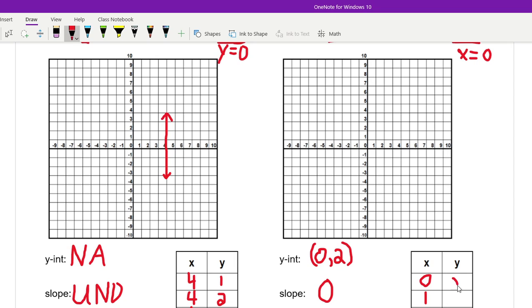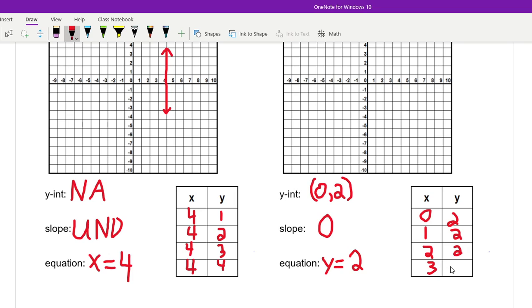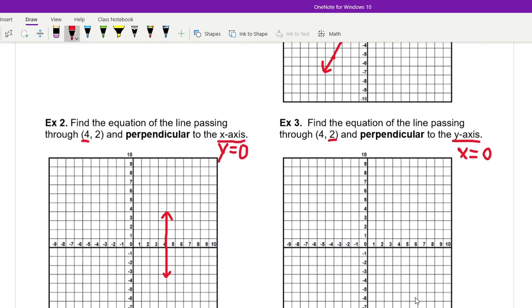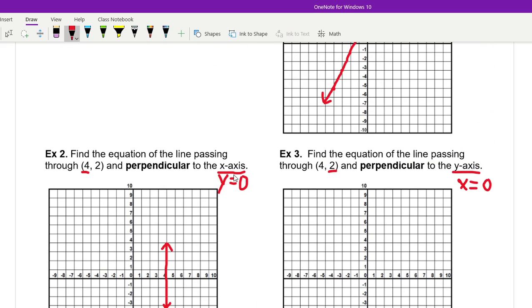Our y value will always be 2. So with perpendicular, when dealing with the x-axis, our horizontal line, our new line will be undefined, a vertical line. When dealing with our y-axis, the vertical line, a slope of undefined, it will now be 0, a horizontal line.